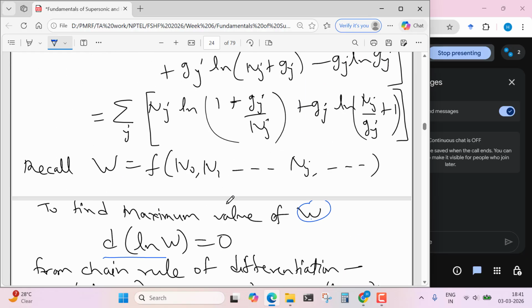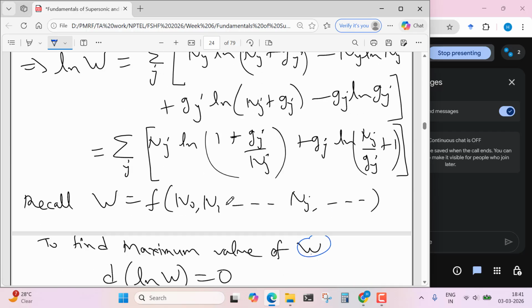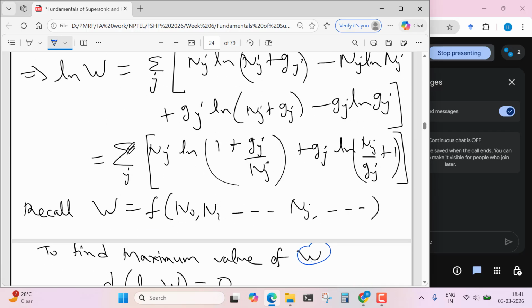So this was the log W. If we take the differentiation of this, it is a summation of nj terms. So if we are taking differentiation with respect to nj, only the nj term will remain and the rest of the terms will be 0.